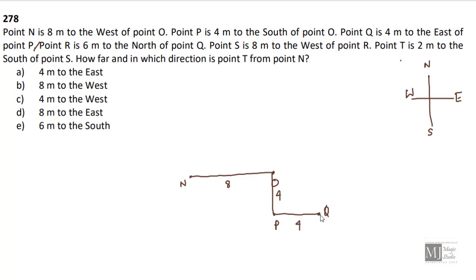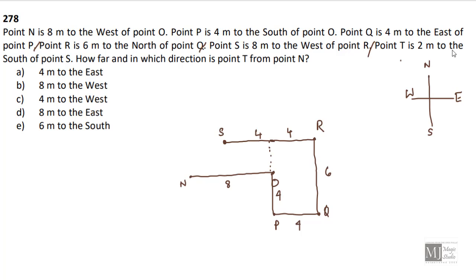R is 6 meters to the north of Q. 6 means 4 and 2. This point is R. S is 8 meters to the west of R. R west 8 meters. So first of all it will cover this 4 and then half of this will be 4, that is 8. So this is S. Shall I write 4, 4 to make myself clear.